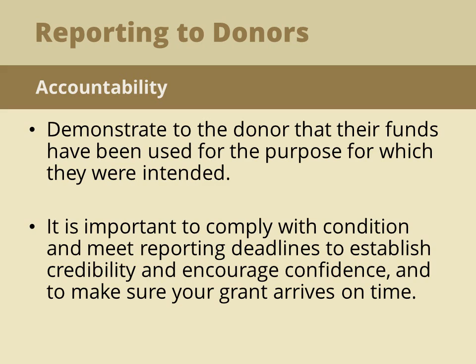The reference point is the original funding application, and guidelines are usually provided with a confirmation of grant aid and the contract or agreement signed by both parties. It is important to comply with the conditions and meet reporting deadlines to establish credibility and encourage confidence, and to make sure your grant arrives on time.